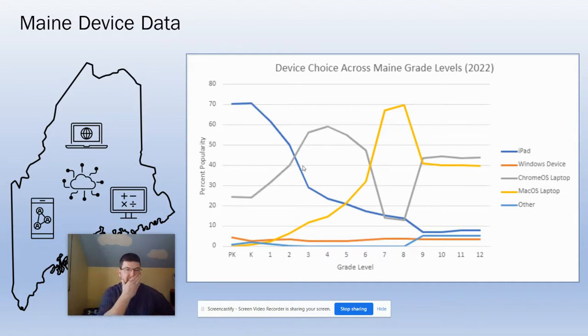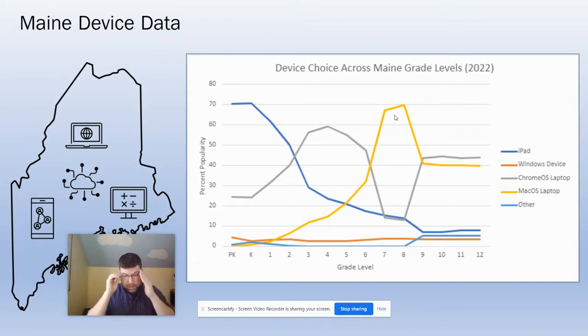That makes total sense, right? iPads and touch screens are easier for little kids, and then as you become more productive with the device, you can use something that has a keyboard and type and use a trackpad and things like that, where the Chromebooks come in. As Chromebooks take off, then in our 7th and 8th grade middle school setting, they drop significantly because the MacBooks take over. And again, that's almost an exact inverse. As you can see, it's mirrored right there.